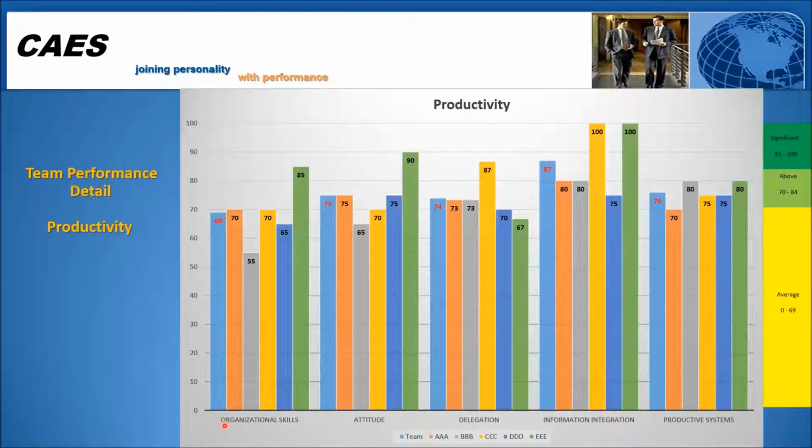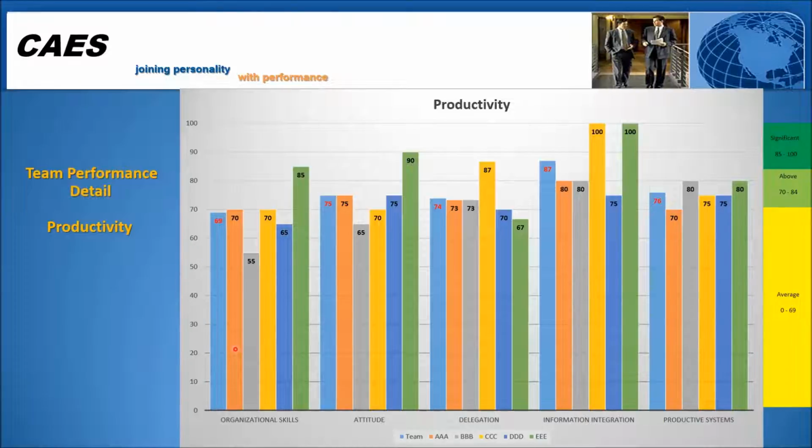In our first chart on productivity, you can see that we have our team members identified, and we've got our team averages in the blue bar with the red numbers. And we're looking at specifically organizational skills, attitude towards productivity, the ability or willingness to delegate, people's ability to integrate various forms of information, and then to develop and adhere to productive systems.